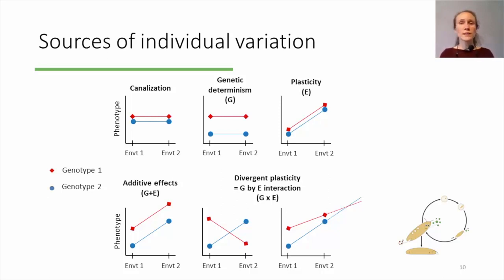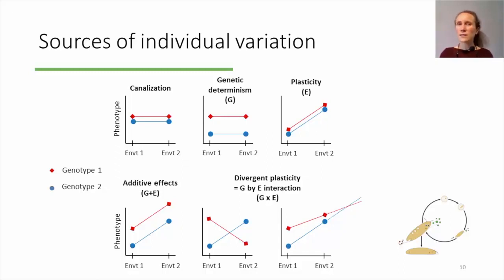Then some traits are entirely or mostly genetically determined. That's what you see at the top middle. And there you can see that the environment has little effect on them. One example is sex determination in mammals, birds, or some fish, for example. Then you have other traits that are mostly environmentally determined. That's what you have on the top right.